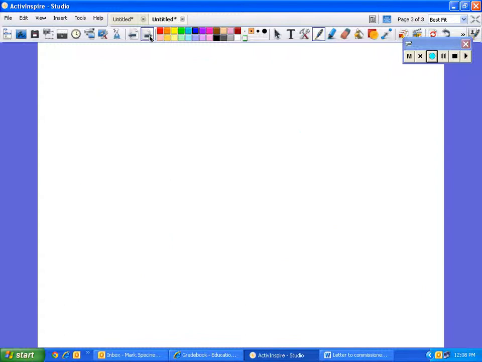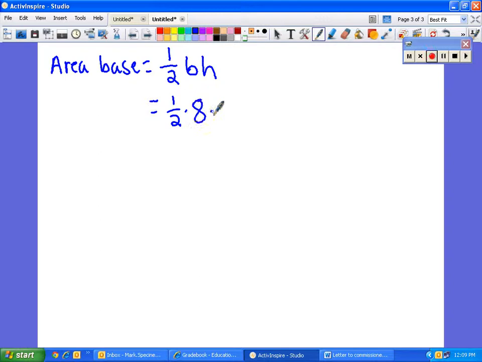So the area of the base is equal to 1/2 the base times the height, equals 1/2. The base was what? 8. The base was 8. The height is 4 times the square root of 3, or you can still use the square root of 48.